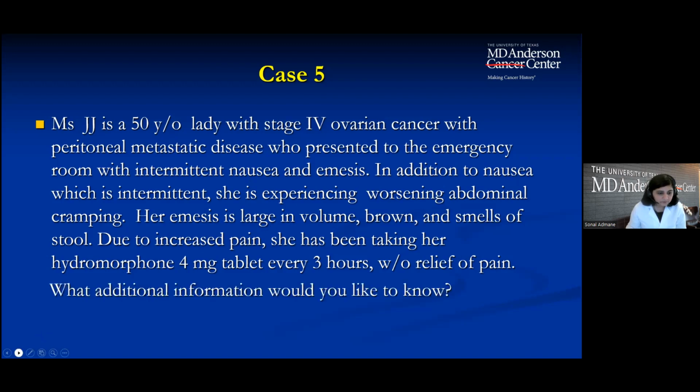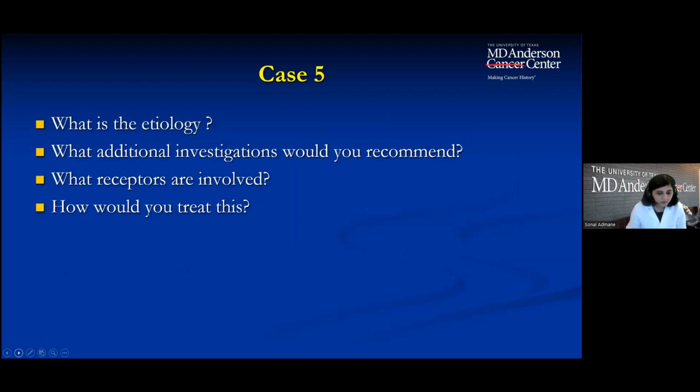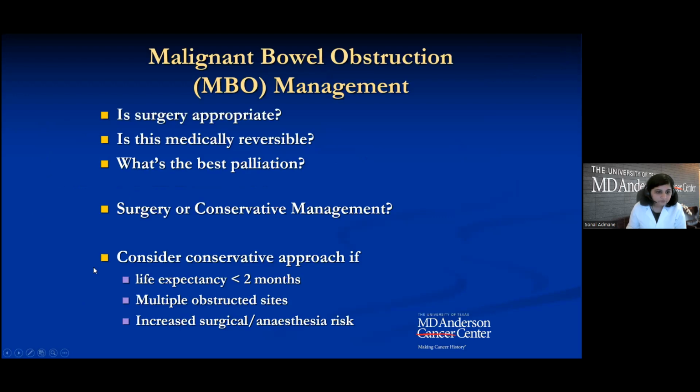So really, what is the etiology? What additional investigations would you need, and what receptors are involved? So these are the questions that you have to go through every time you're treating nausea and vomiting. And so it's important to remember that you start with plain abdominal films, you start with laboratory investigations, dehydration, and then also consider, do you need a surgical consultation?